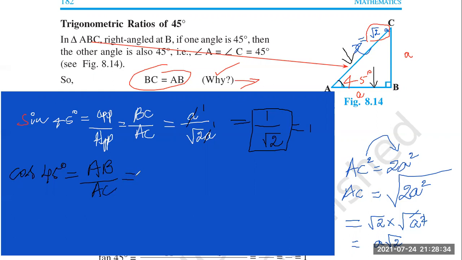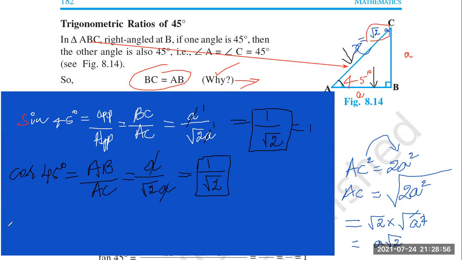How much is AB? That is A. How much is AC? That is root 2A. So you can see that in both the cases we are getting the same value. A and A get cancelled. Now we are left with 1 upon root 2. So here also we see that cos 45 degrees is also 1 upon root 2.